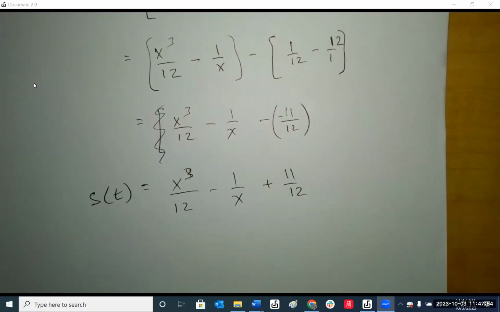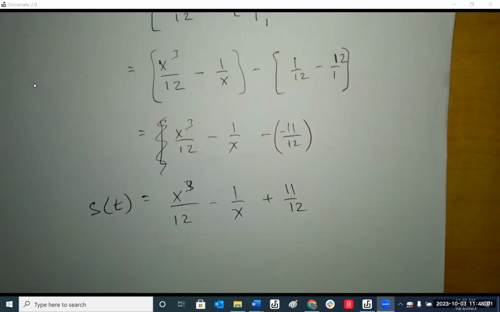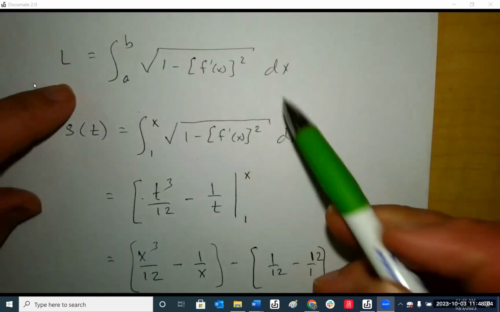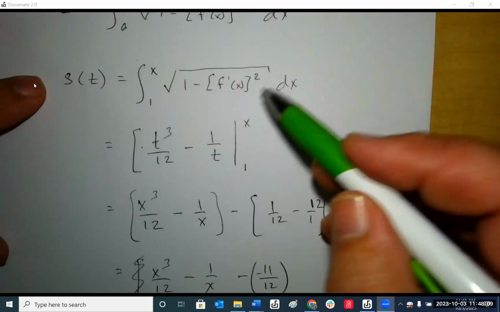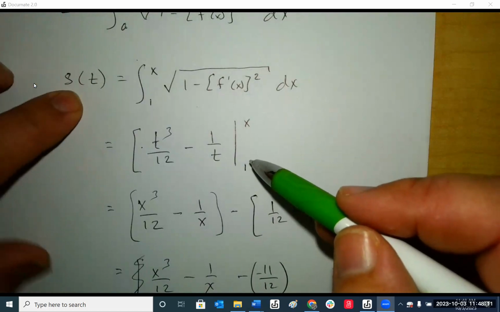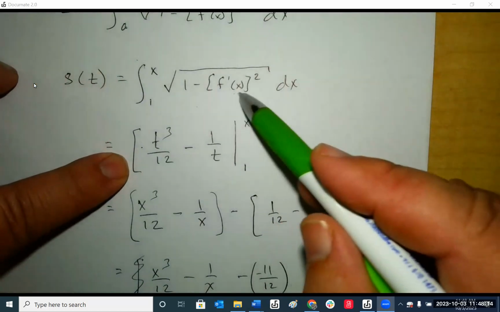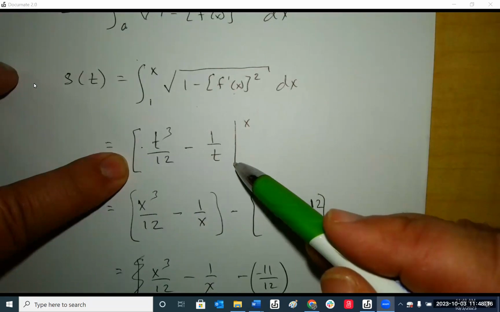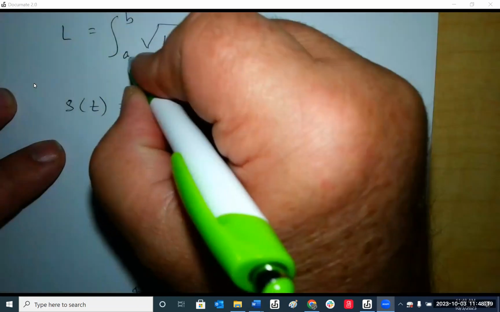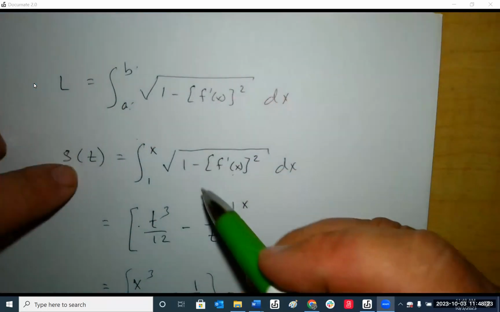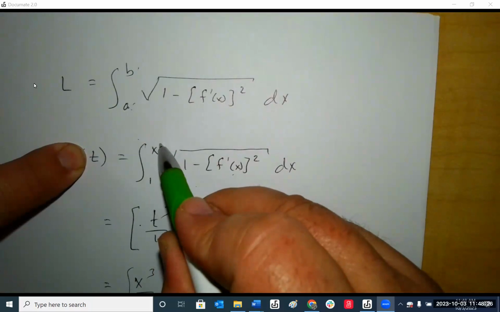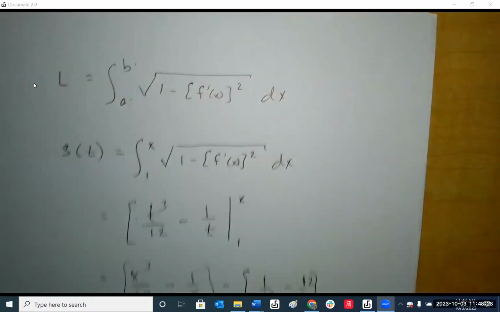It just hit me. We took the original function, changed everything from x to t, and integrated it. But notice our bounds didn't go from a to b, from 1 to 4. Since we changed it to t, it's going from 1 to x.